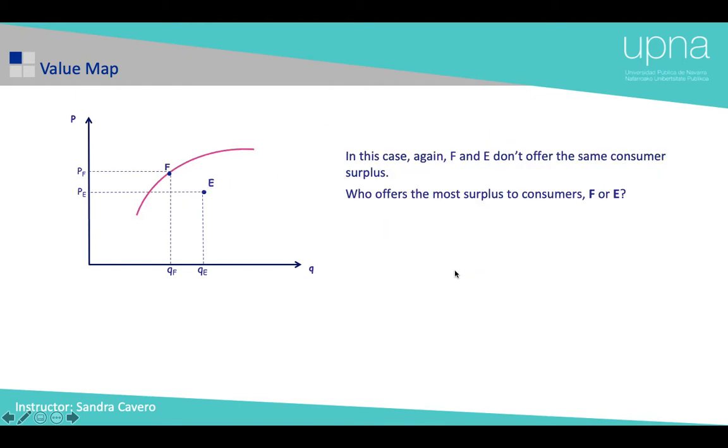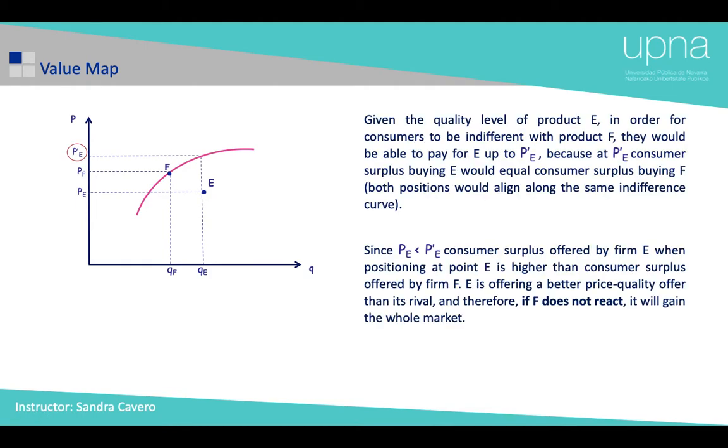Okay. In this case, again, these two firms are not offering the same consumer surplus. Who is offering a larger consumer surplus, F or E? Well, given the quality level offered by product E, in order for the consumers to be indifferent with product F, they would be able to pay for this quality level QE a price of PE prime.